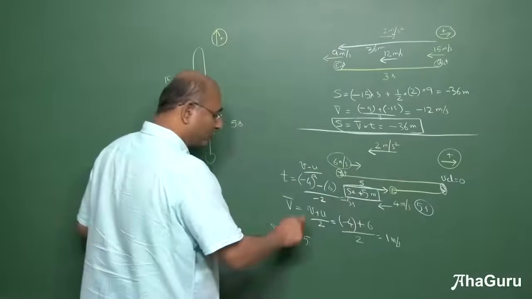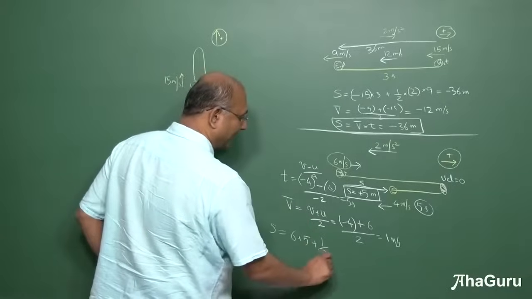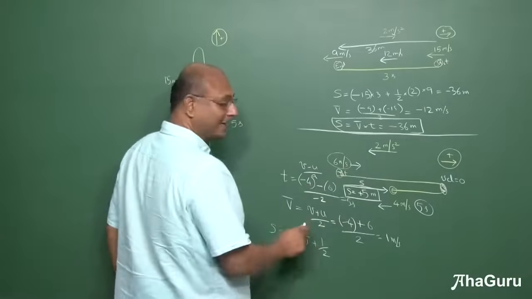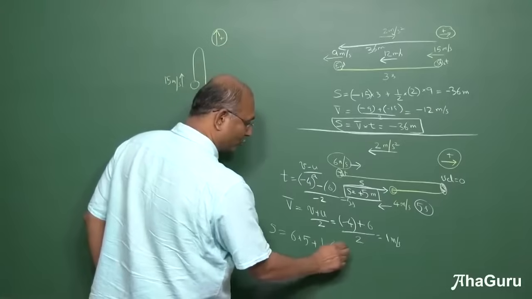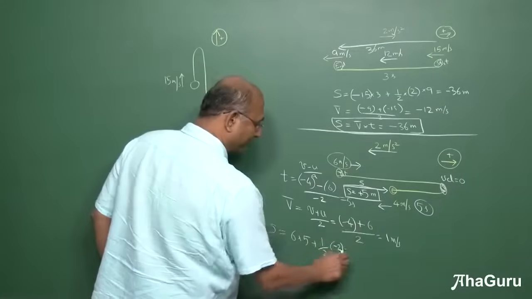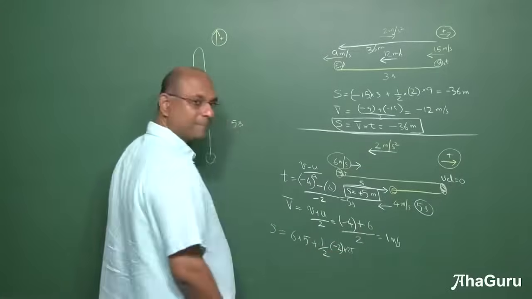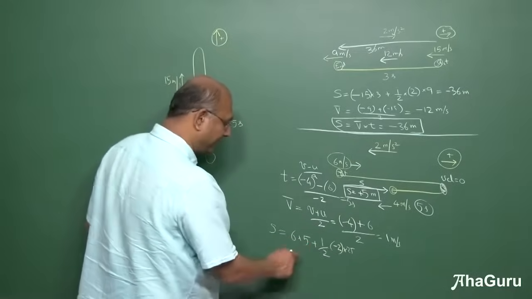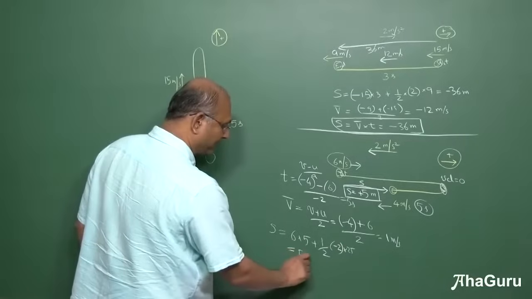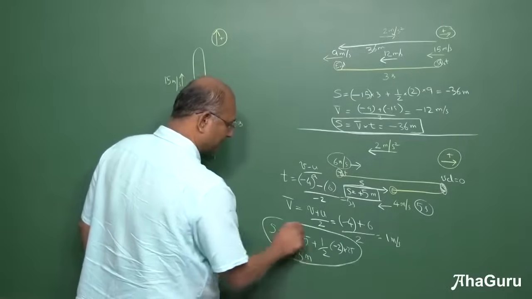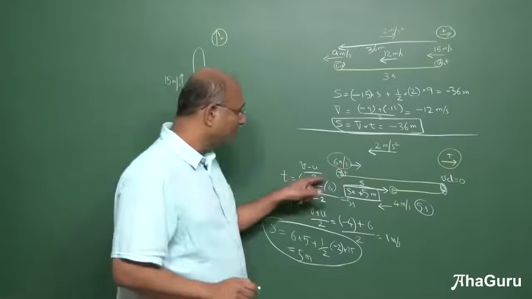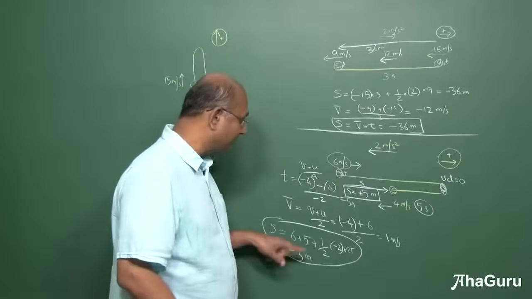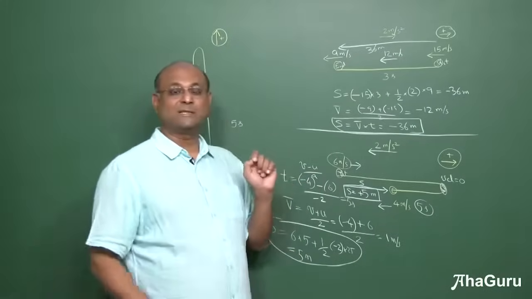But u into t plus half a, what is a? Minus 2 into t square. So this is 30 minus 25, which is 5 meters. Is that clear? So you got plus 5 meters. So it points like this.